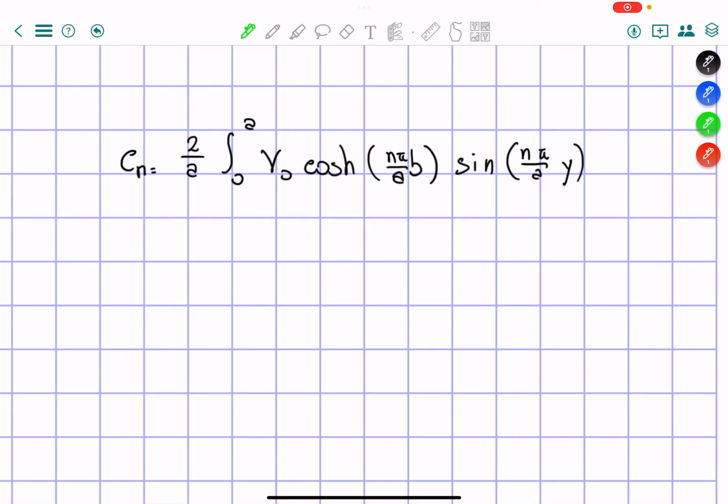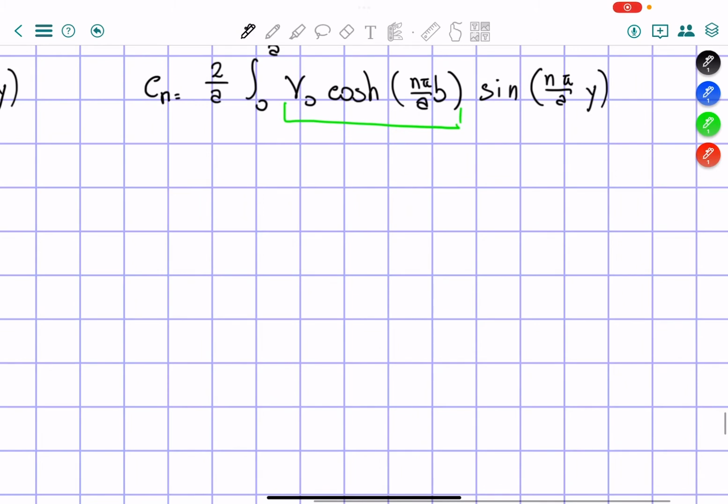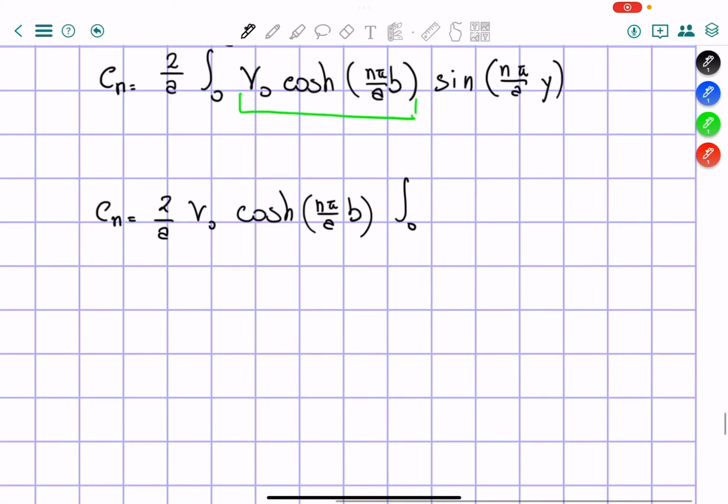Now, as you can see, this part here is a constant, so we can take it out of the equation. So we know that c_n is equal to 2 over a, b naught, hyperbolic cosine of n pi over a times b, times the integral from 0 to a of sine of n pi over a times y.